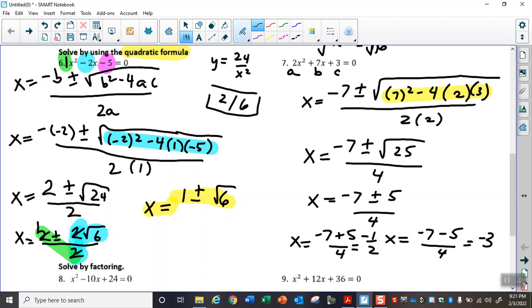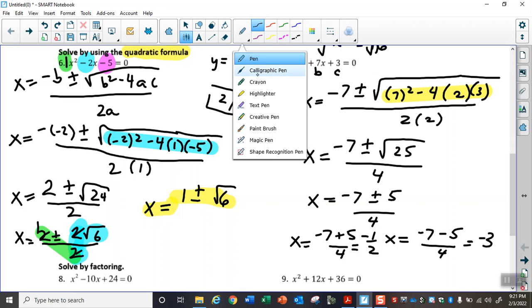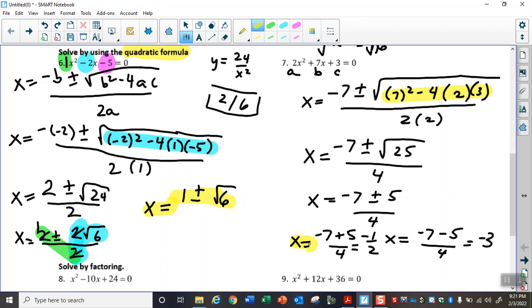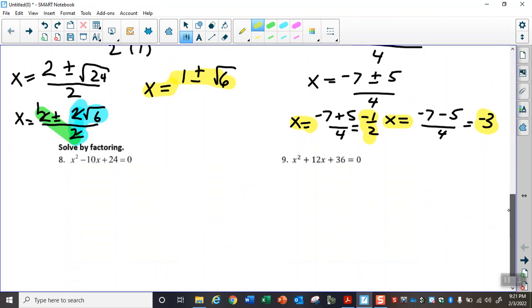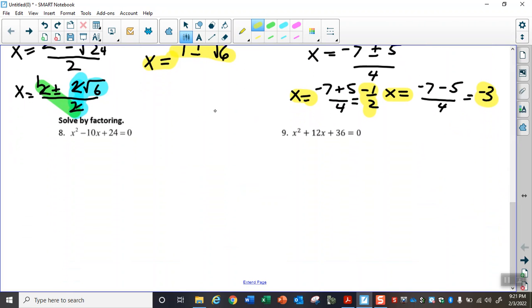And so those are your two solutions. x equals negative 1/2, and x equals negative 3. So you need to be able to do the quadratic formula, solve by square roots, and the last thing you need to be able to do here is solve by factoring.